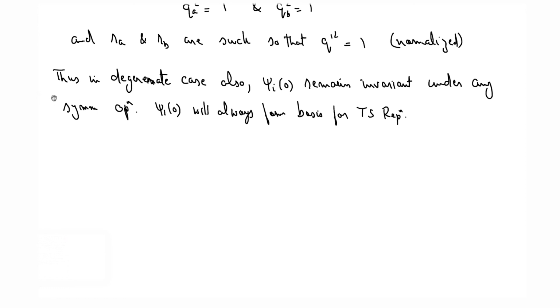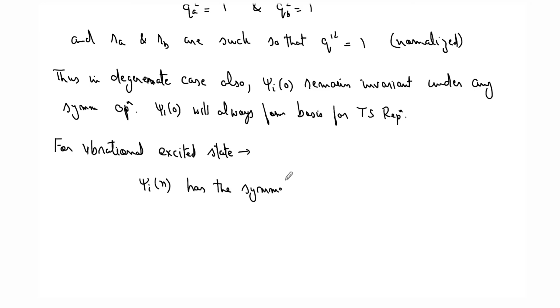Now let us calculate for the excited state, psi i 1. So for a vibrational excited state, psi i n has the symmetry of the nth Hermite polynomial, right?